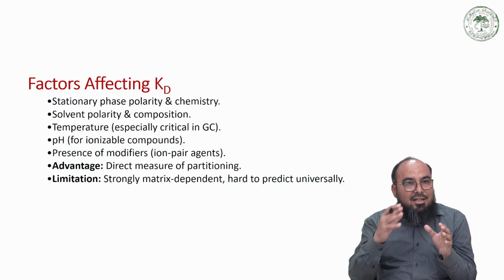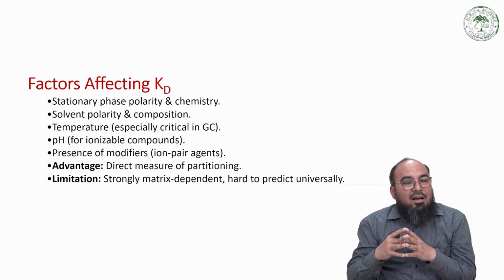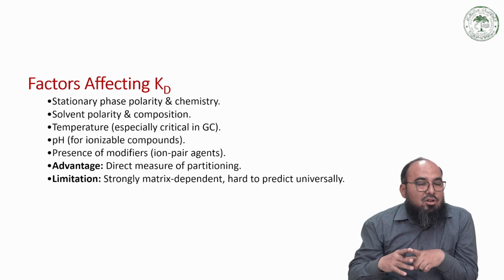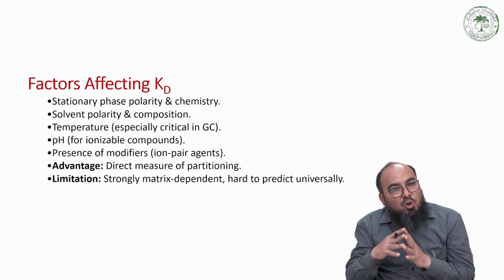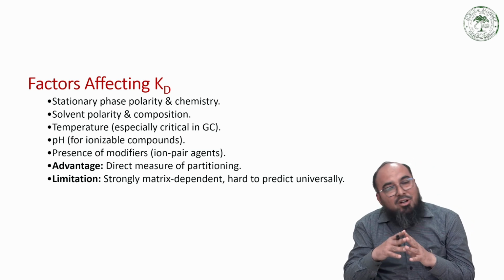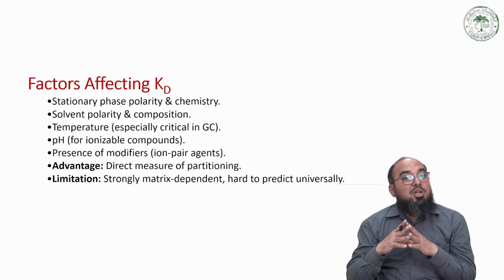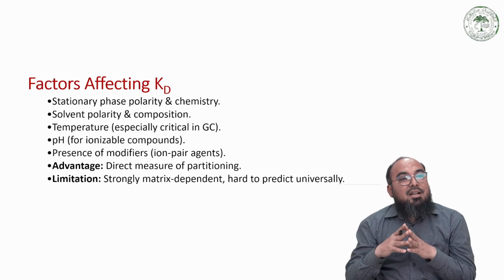And before the answer, let us briefly explore what are the factors which affect KD. Number one, as already discussed, it is the polarity of the stationary phase, the chemistry of the stationary phase, what different functional groups are present, and that actually decides the retention time, that decides the interaction.